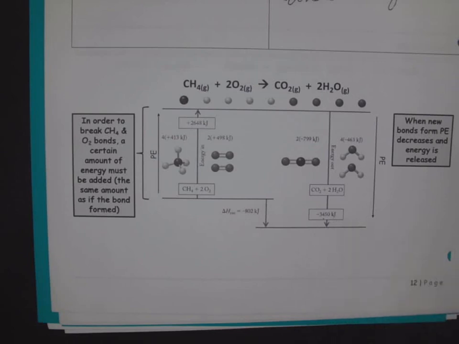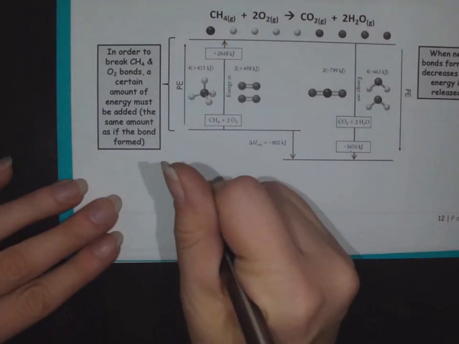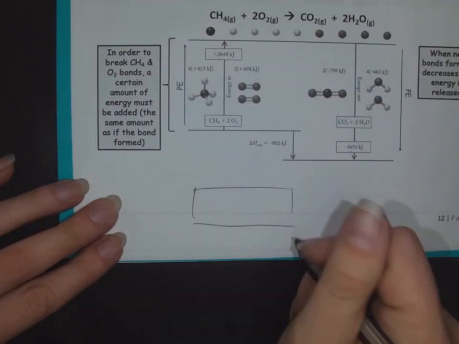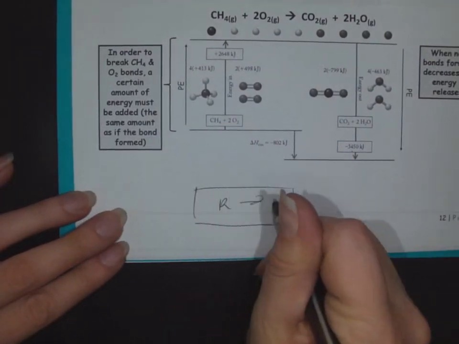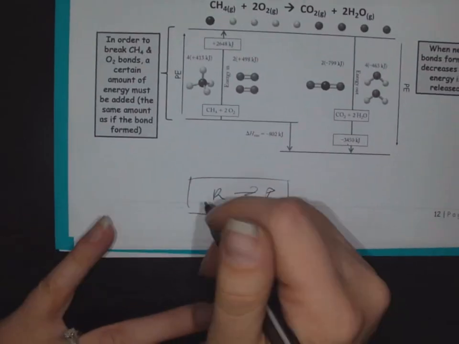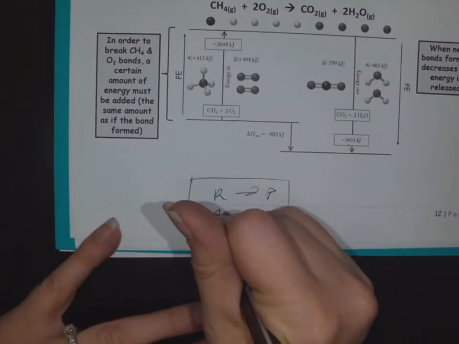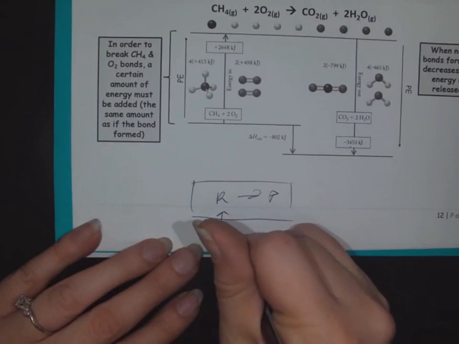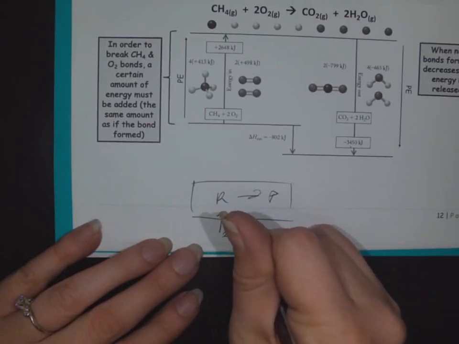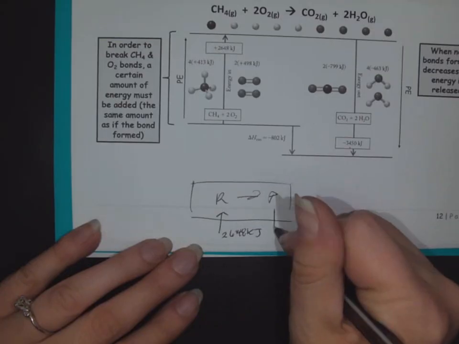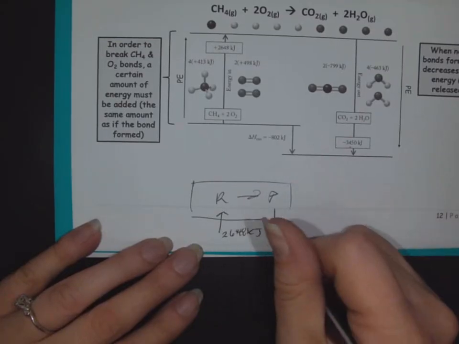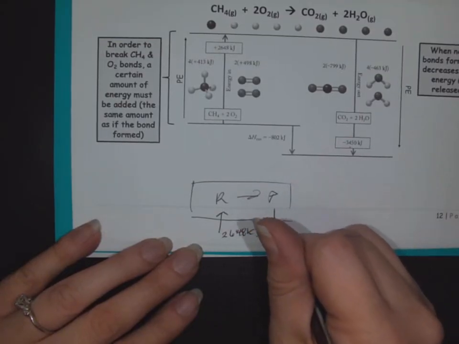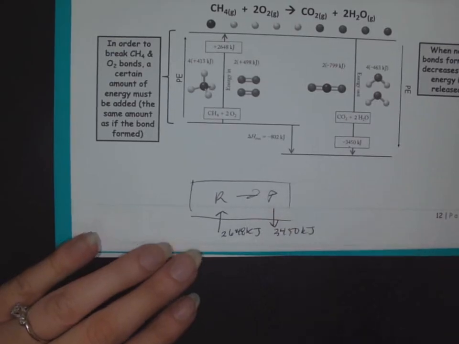So if we think about this system and surroundings, I have this chemical reaction up above, reactants to products, and in order to break the bonds for the reactants, it cost me 2,648 kilojoules. And then when the products were formed, it released 3,450 kilojoules.